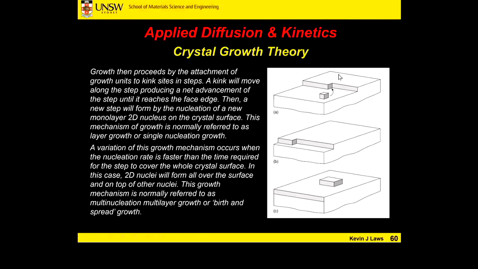So that's what we would call a 2D nucleus up here. This growth mechanism is normally referred to as multinucleation or multilayer growth or birth and spread growth. Birth and spread growth is the first type of growth that we're going to be talking about today. And again, this is a very, very slow mechanism.